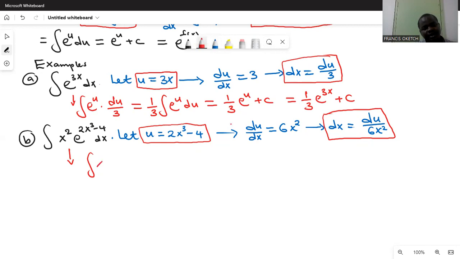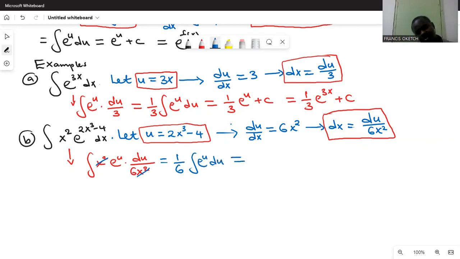It will be x squared exponential u, and dx is the same as du over 6x squared. So you see this x squared here will cancel with this other x squared, so that this integral can now be written as 1 over 6 times the integral of exponential u with respect to u.